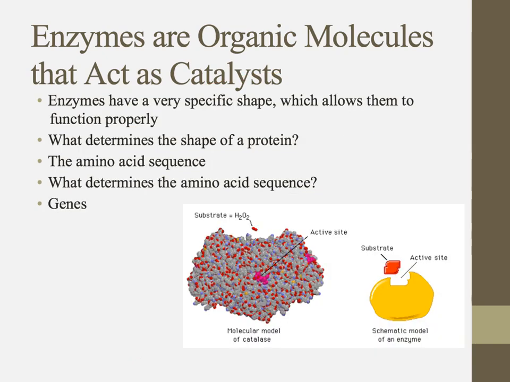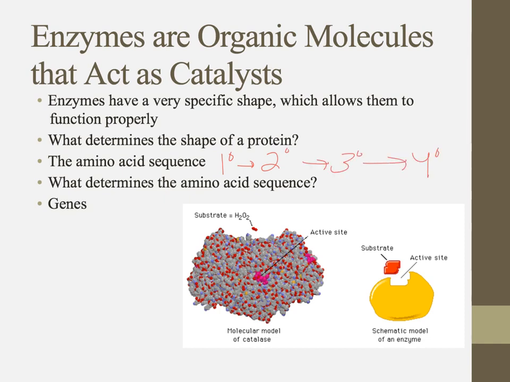This specific shape that enzymes have determines their specificity. Enzymes have a very particular shape, and that shape is determined, again, by the amino acid sequence, because the amino acid sequence, that primary structure, helps to determine all of the other levels of protein structure.